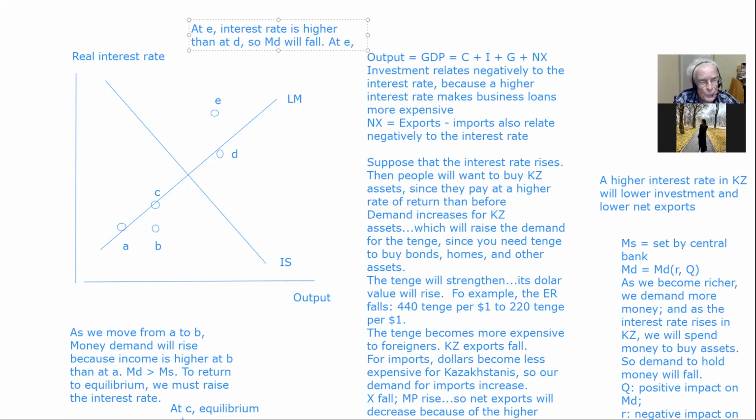but is it excess money or deficiency of money? Excess? Correct. Money demand has fallen. At E, excess of money, or deficient money demand.